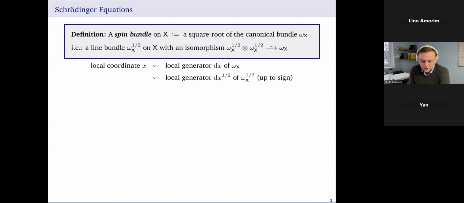So of course, the canonical bundle has the famous generator dx, and the spin bundle, because of this isomorphism that is part of the data of a spin bundle, you get a local generator, which I'm denoting by square root of dx. That thing is determined up to sign, so almost unique, but unique for all intents and purposes.